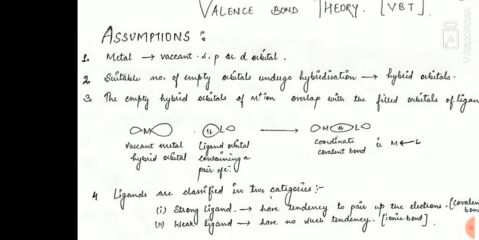Hybridization with the d orbital of the outermost shell is called outer orbital complexes. The difference is, if I take the inner shell d orbital, we call it inner orbital complexes, and if I take the outermost shell d orbital, we call it outer orbital complexes. That's it.